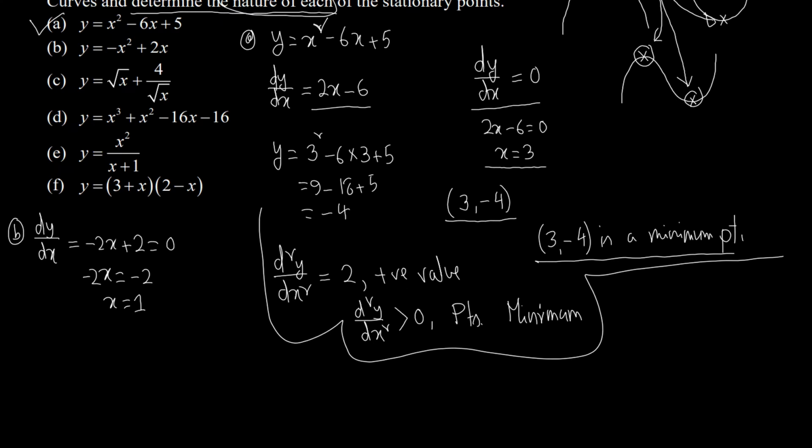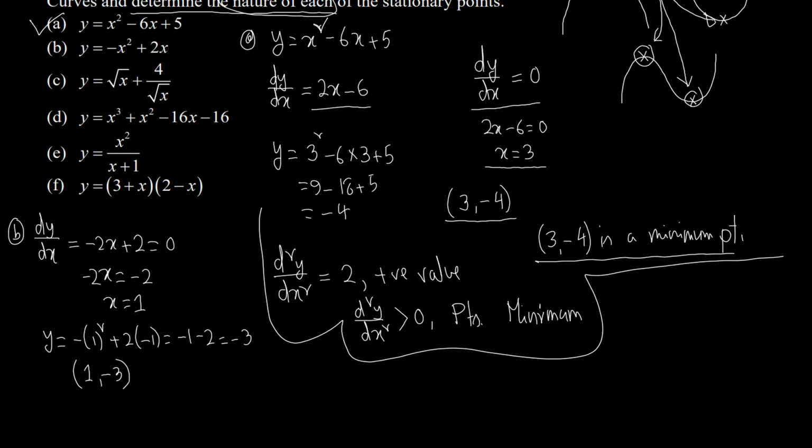Now we find the y value by putting this in the main equation: minus 1 squared plus 2 into 1, which gives minus 1 plus 2... So the coordinates of the stationary point are (1, -3).